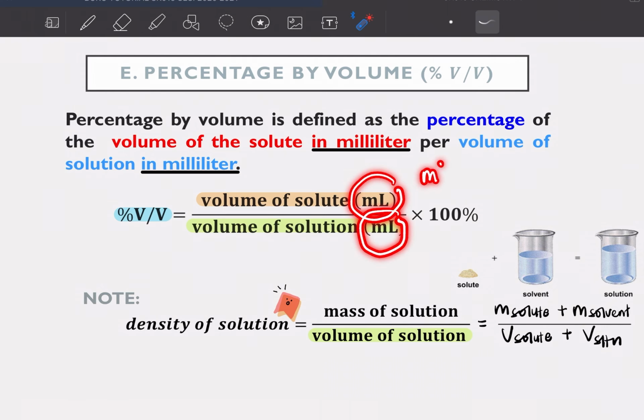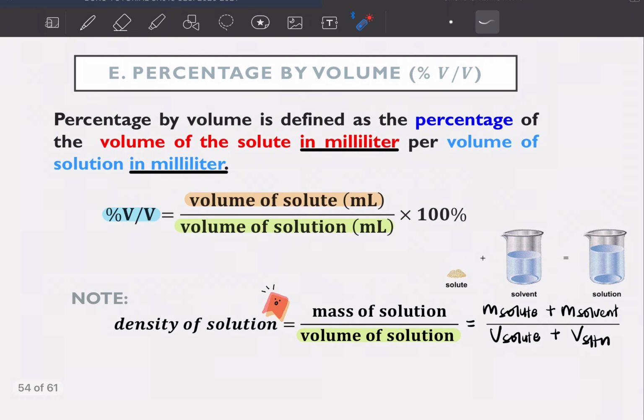Okay, in mils, or cm cube, since 1 mil equals 1 cm cube. So you have to make sure that your unit will be mils. Okay, milliliter. Alright, so this is a little help or tip.